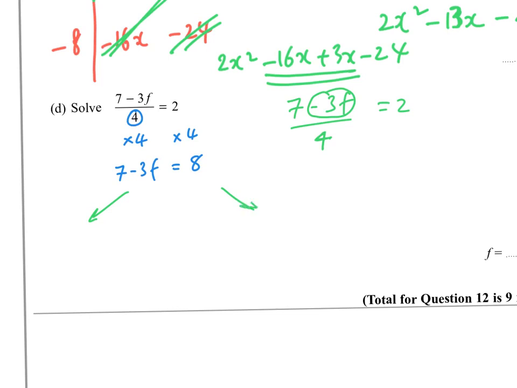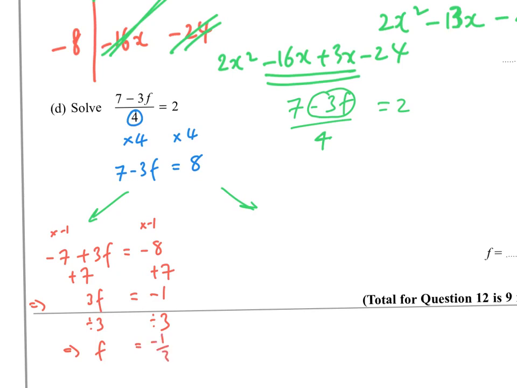So I then from here would probably go in two different ways now. I think the first way is I'd times both sides by -1, and I'd have -7 plus 3f equals -8. Then I'd add 7 to both sides, and that would give me 3f equals -1, divide by 3, and so f would be minus 1/3.